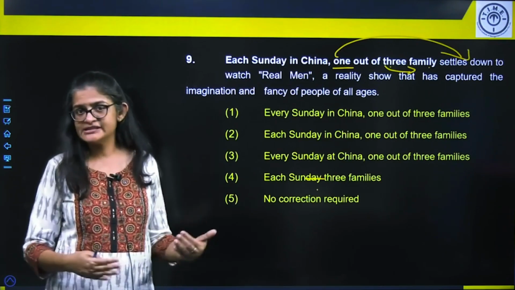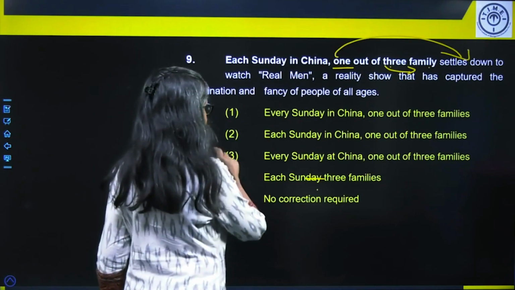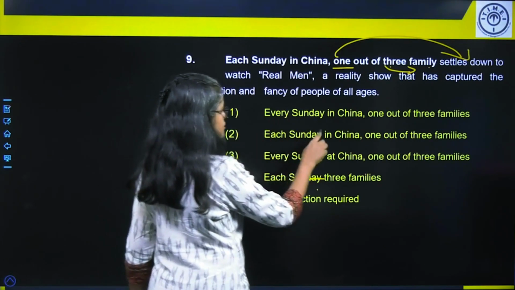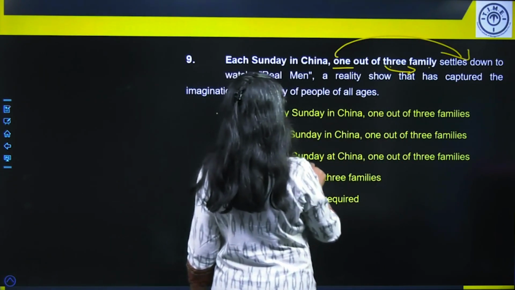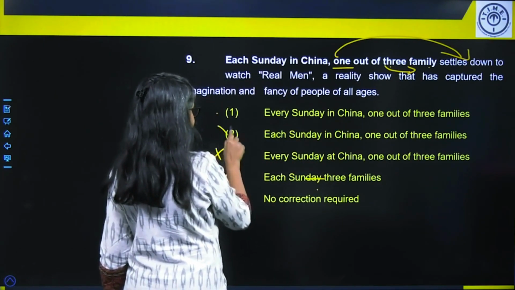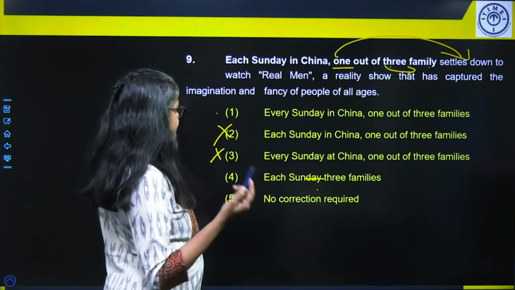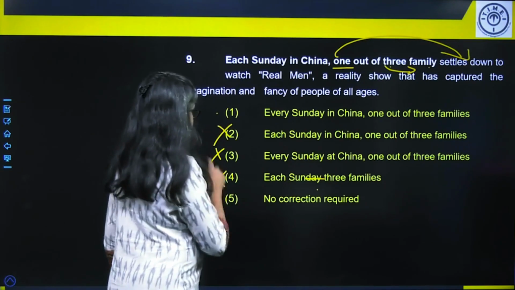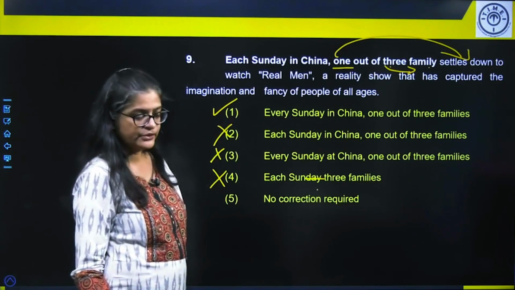You say every Sunday, every Friday, not each Sunday, each Friday, right? Okay. So, every Sunday in China, 1 out of 3 families. Every Sunday at China, it's not at China. In a country, yeah. Each Sunday, 3 families, that something is missing there. So, this is the answer, okay?